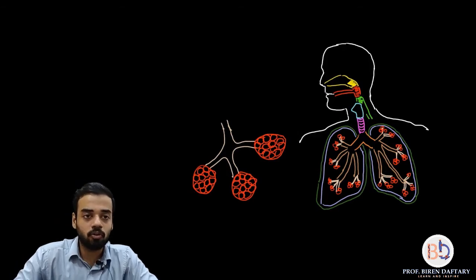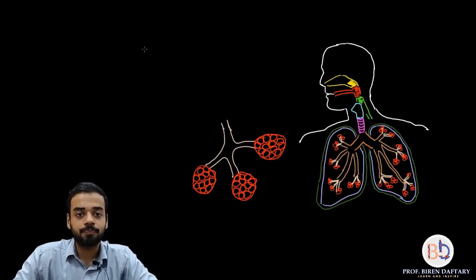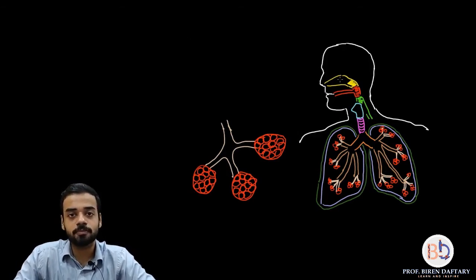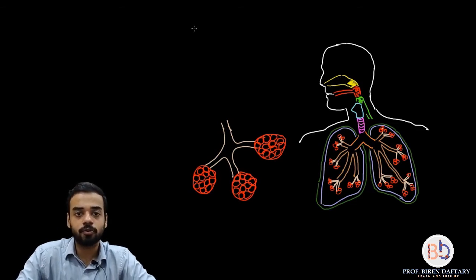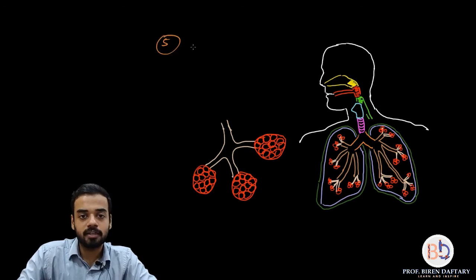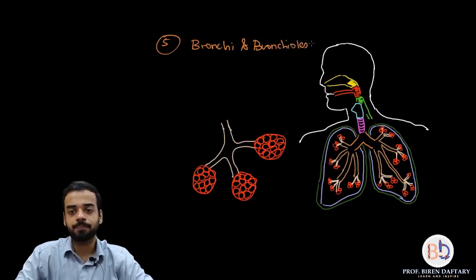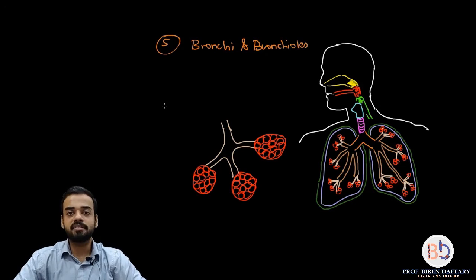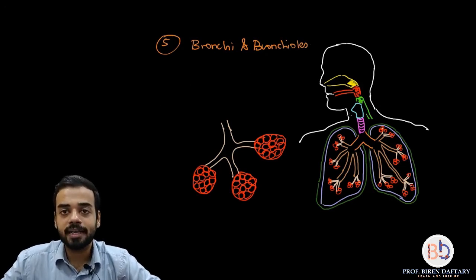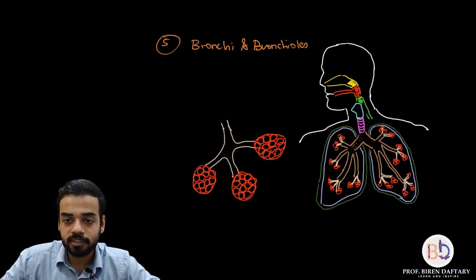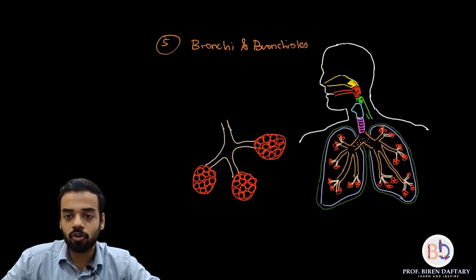Now the next part. We have finished with the nose, first part, pharynx second part, larynx third part, trachea fourth. Now this fifth part is basically about bronchi and bronchioles. Everything we are going to learn together. Please remember, the bronchi is this part which I am shading, this orange part.